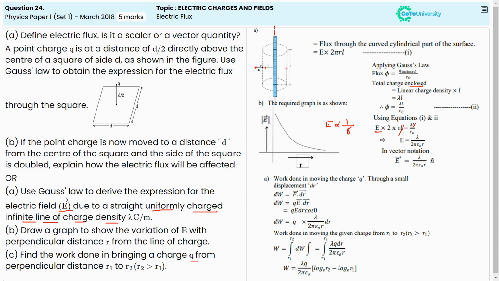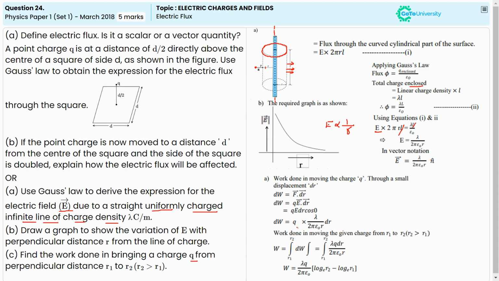Because on the cylindrical curved surface the field is along the displacement, so the angle is 0. If I were to take the plane surface, then it would become cos 90 degrees. But since they are asking about the curved surface, here the theta value becomes 0.